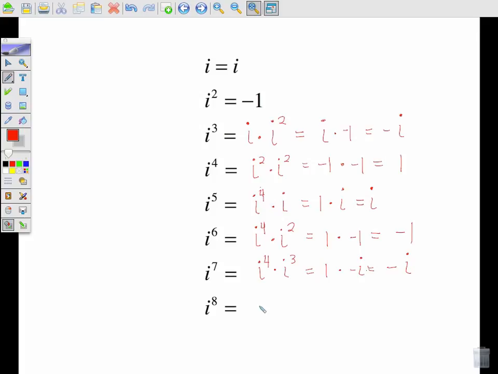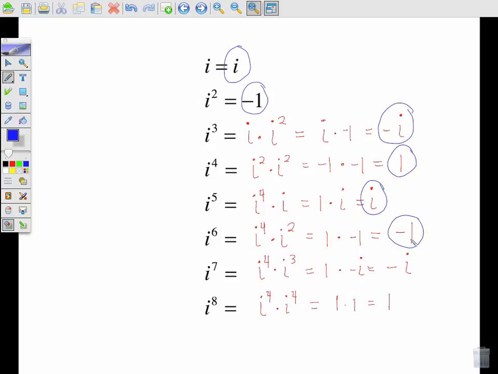And let's do one more. i to the eighth can be i to the fourth times i to the fourth, which equals 1 times 1, which is 1. All right, let's see what we've got here: i, -1, -i, 1, i, -1, -i, 1.